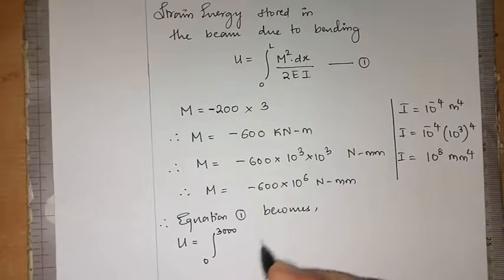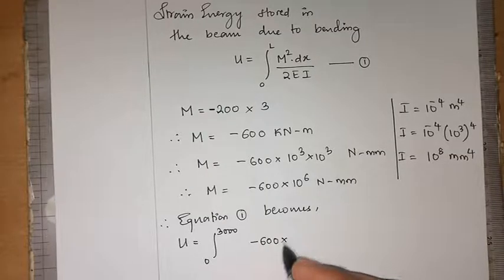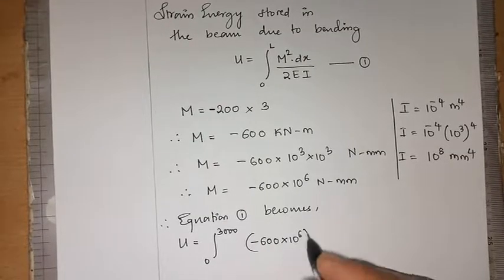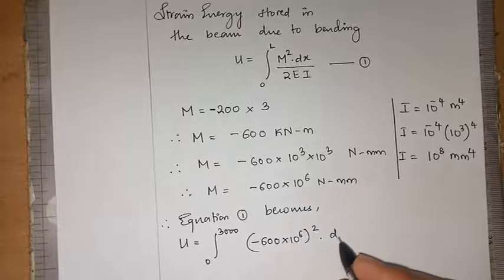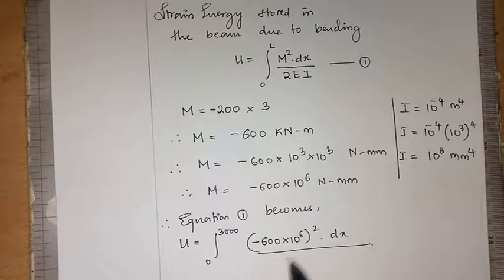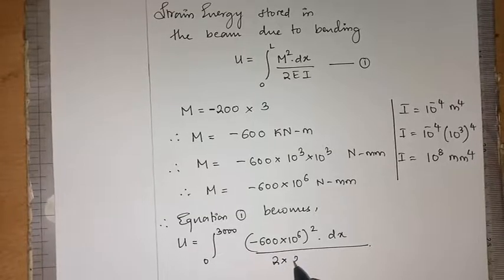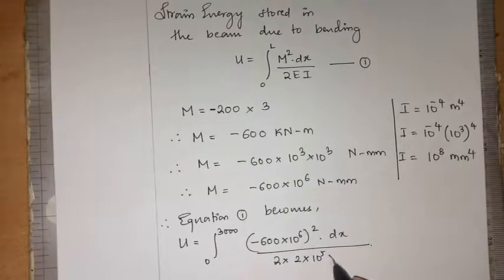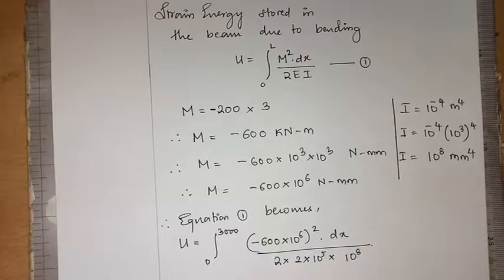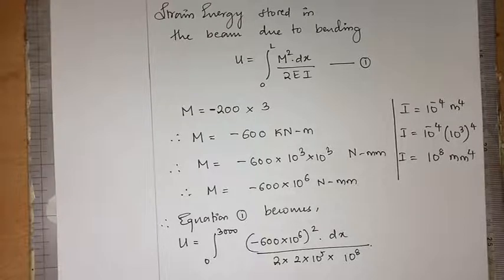M square is 600 into 10 raised to 6, you need to square this, into dx divided by 2 times the value of E given to me, which is 2 into 10 raised to 5, and the value of I is 10 raised to 8. Right? So now let us go ahead and simplify this, and then you'll get the value of U.